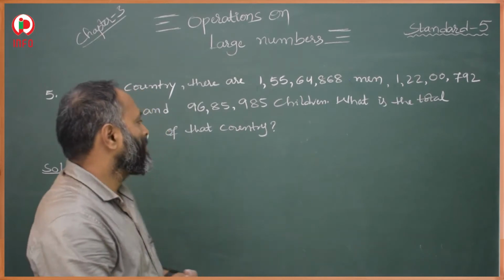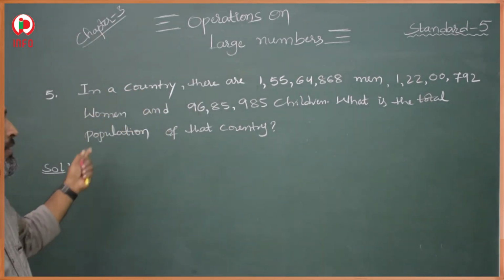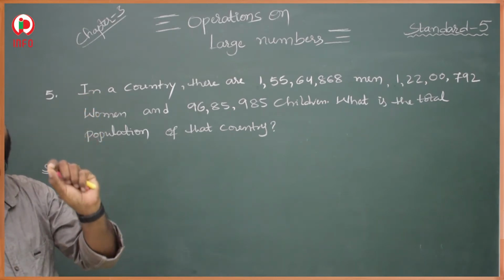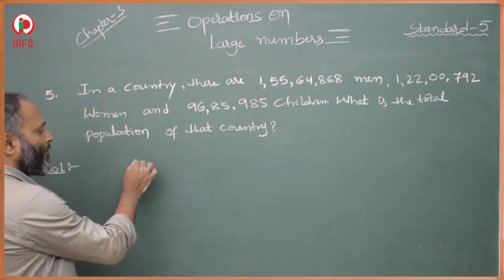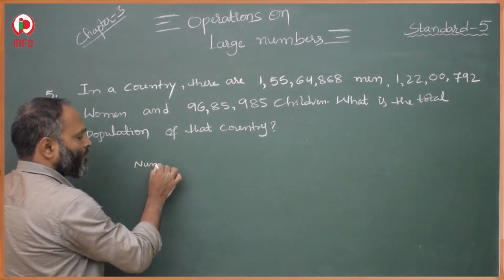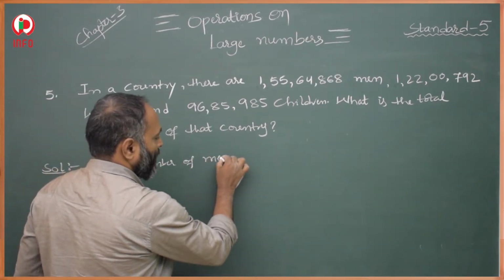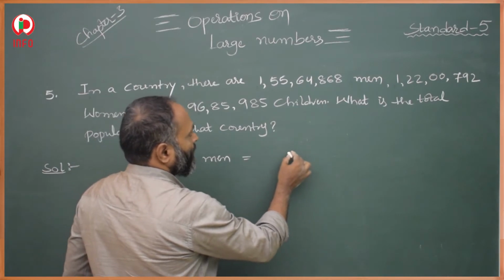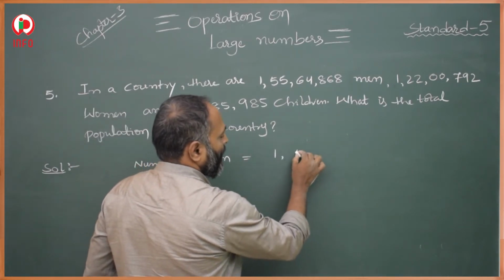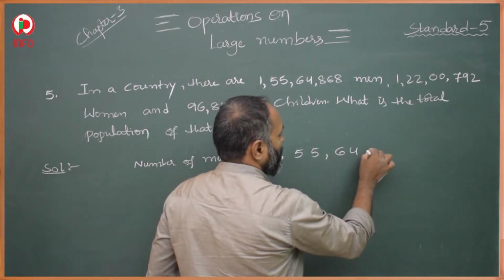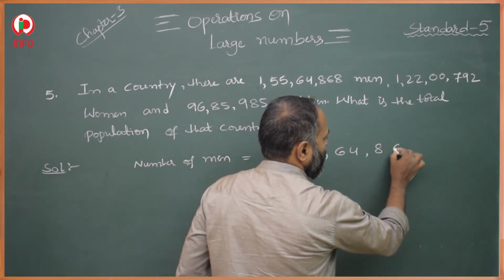So how to start the word problem? First we should write the steps. Steps are very important. First, number of men: 1 crore 55 lakhs 64,868.